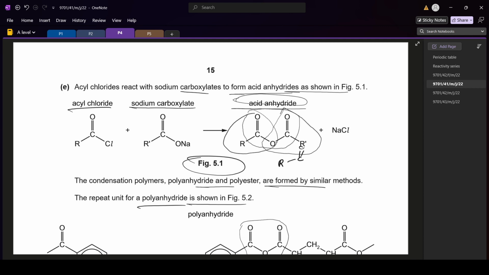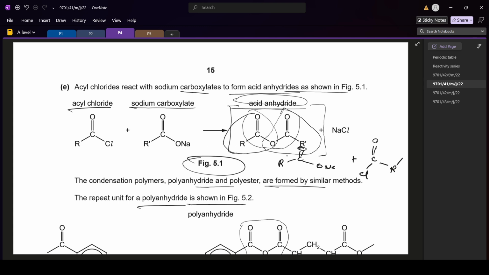If you are given only this part, the polymer acid anhydride, and you are not given any of these monomers, you can write it as Cl or NaO, plus carbon double bond, R group, and then you have a Cl group.